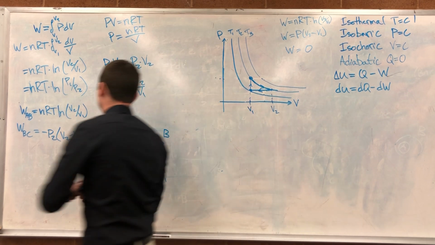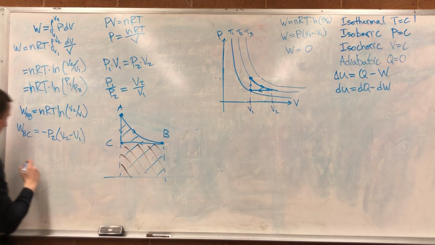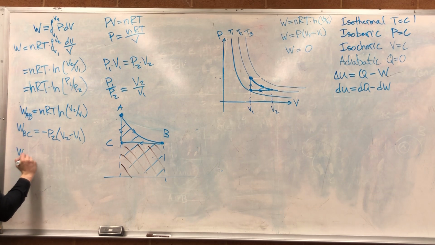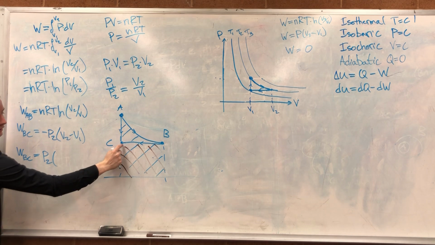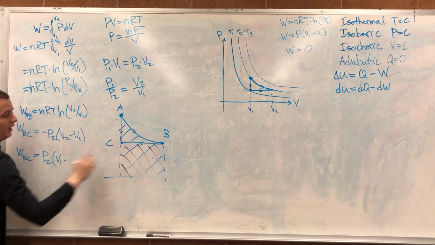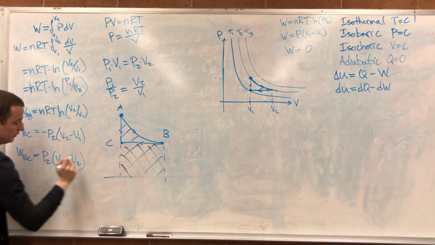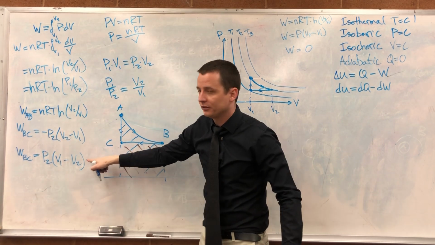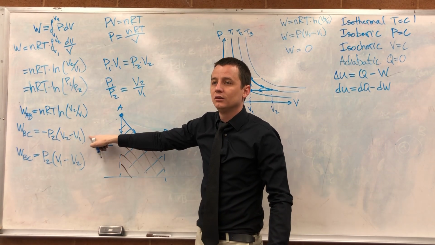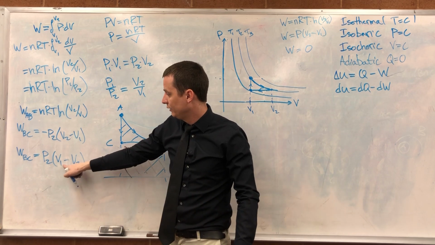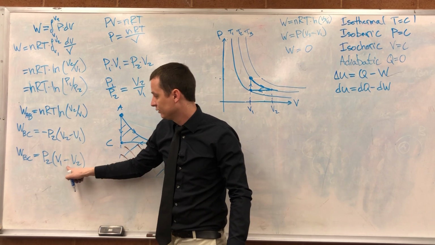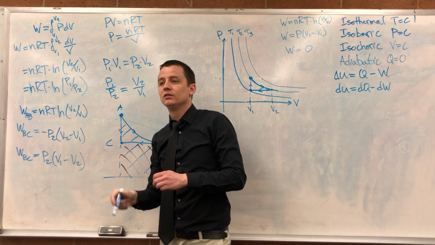So the work from B to C is equal to the pressure there, P2, times our ending volume, which in this case is V1, minus our starting volume, V2. And we could have blindly used the formula. Notice that this is the same as this, because you just factor a negative out of this, and it flips those around.